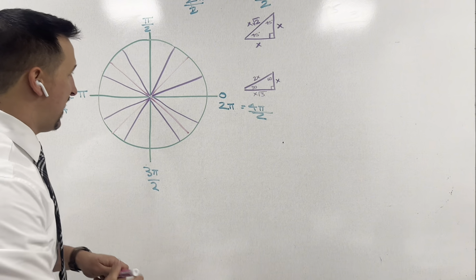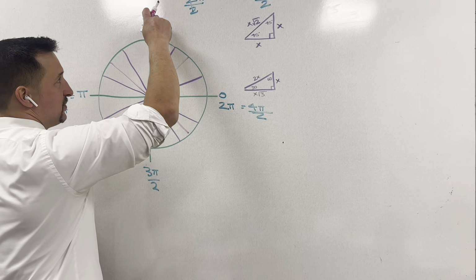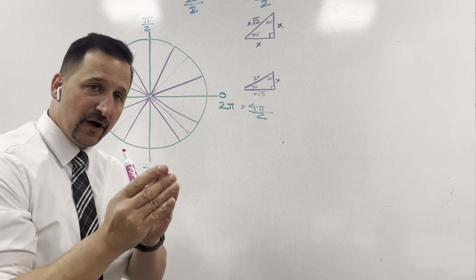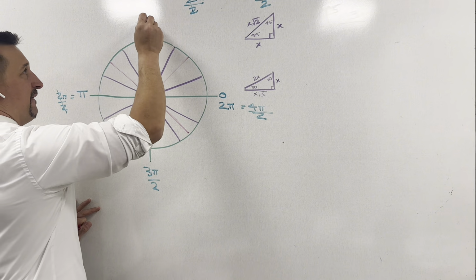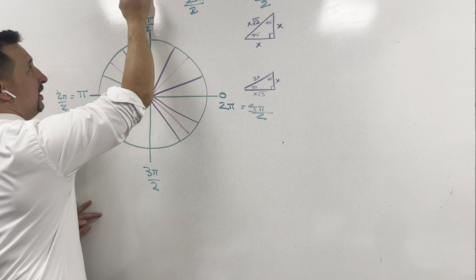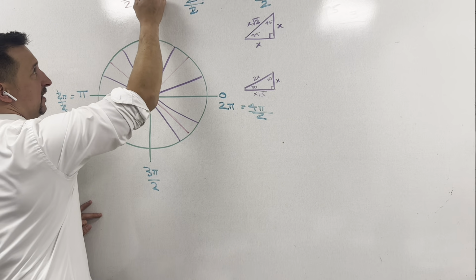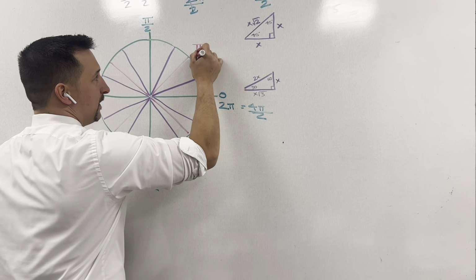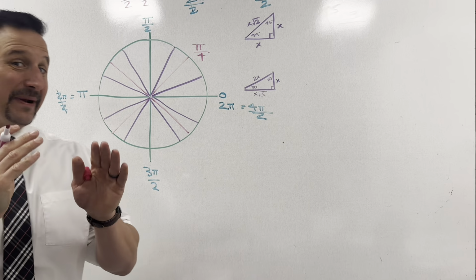If this is pi over 2 and we cut that in half, again, we have the 45-degree track, which we're calling the pink track. If I take pi over 2 and multiply that by half, I get pi over 4. So now I'm just going to count.